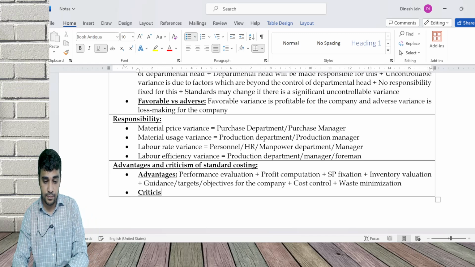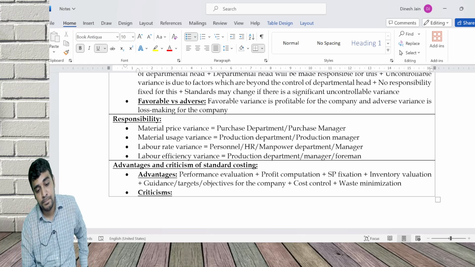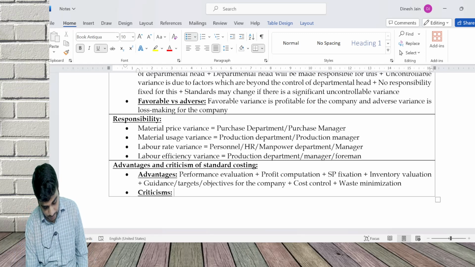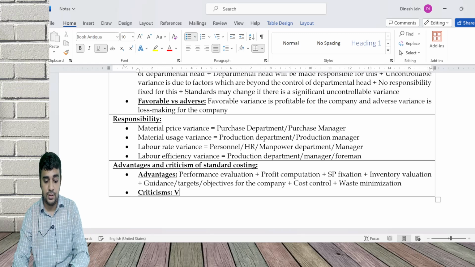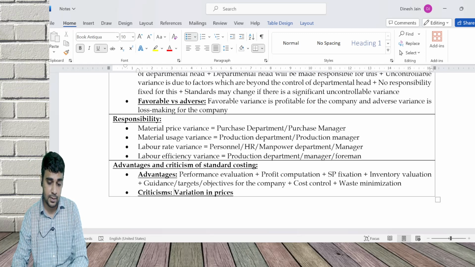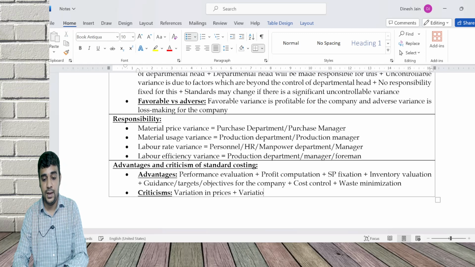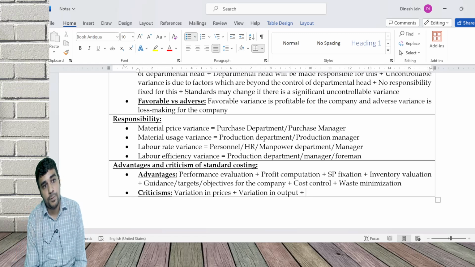Criticisms. Variation in prices. Variation in output. Prices, output.